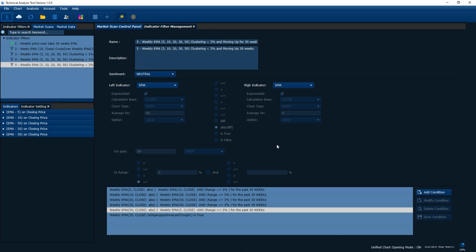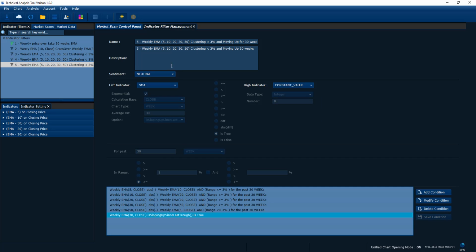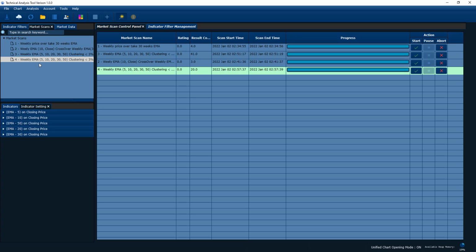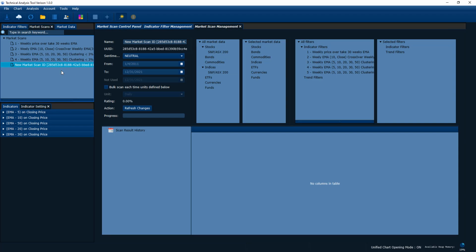Okay, so now let's do a market scan. We keep this one here as well because I want to see the 30 weeks EMA moving up. Let's go back to our market scan. I haven't created it yet, so let's create it. Say, EMA clustering for 30 weeks and EMA.